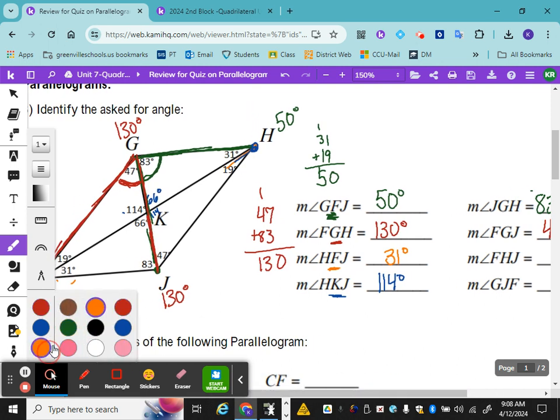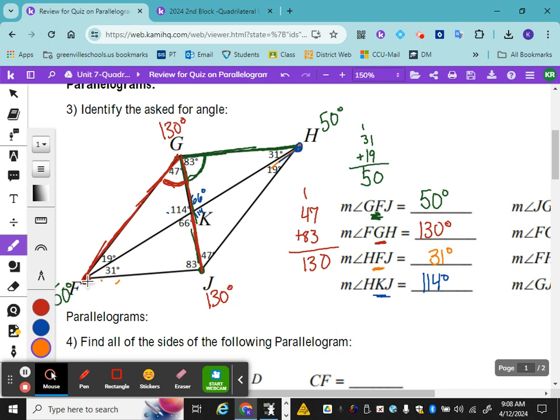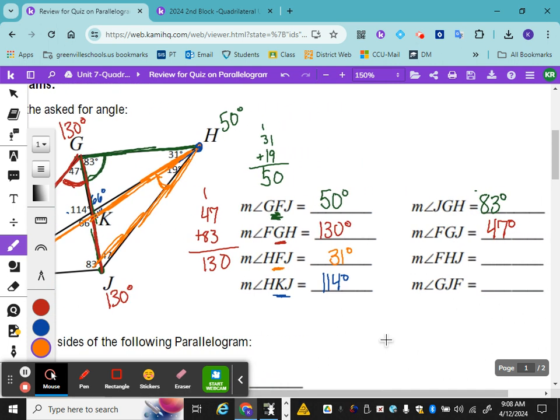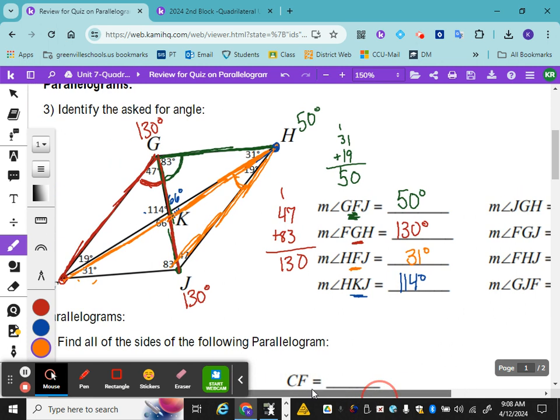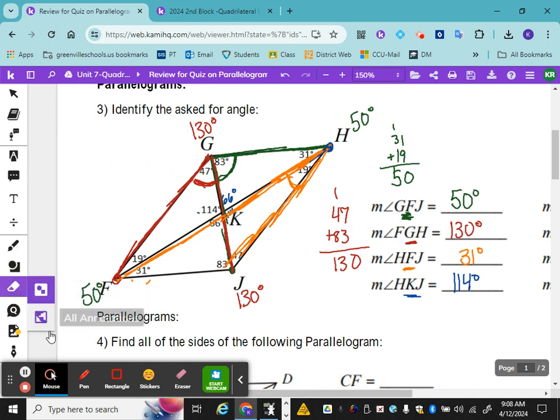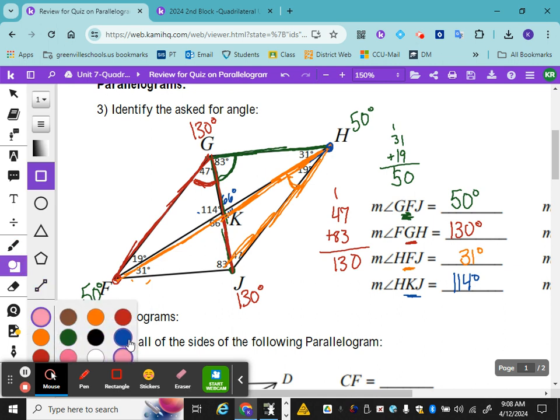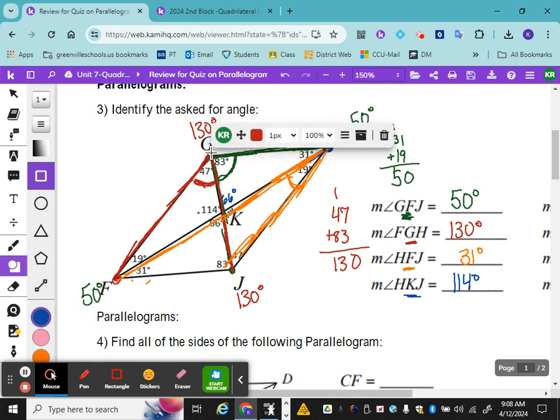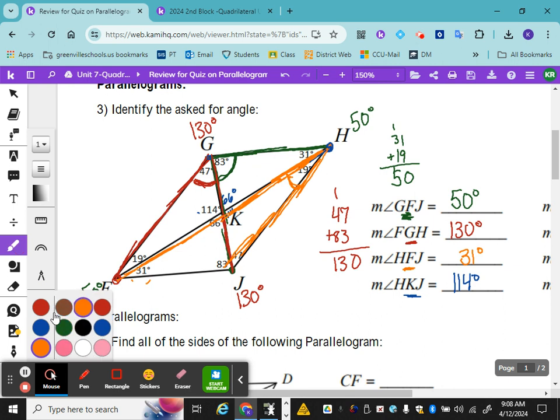FHJ. F to H to J. Connect those closest to H. That's your 19. GJF. G to J. Whoops, that's not right.